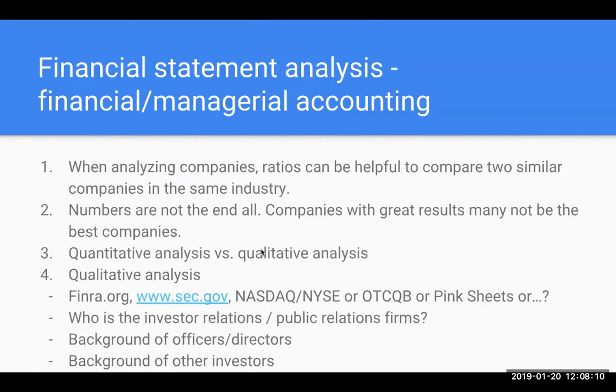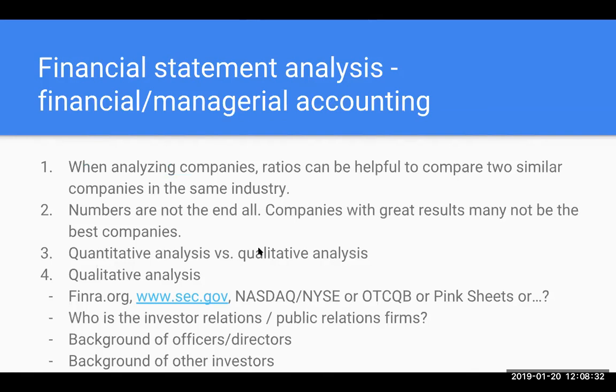So when we're looking at financial statement analysis, and this is really for financial and managerial accounting, the first thing we need to do is, and this is really when it comes down to ratios. Ratios can be helpful when we're comparing two similar companies in the same industry.